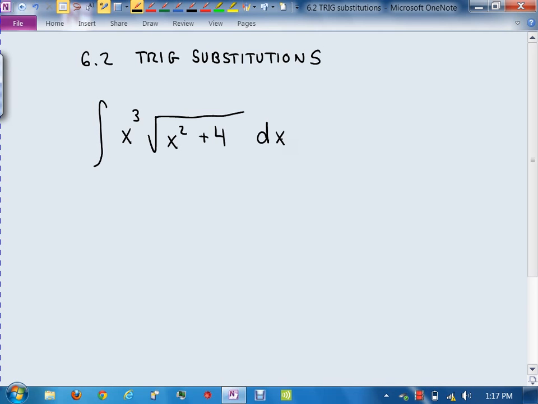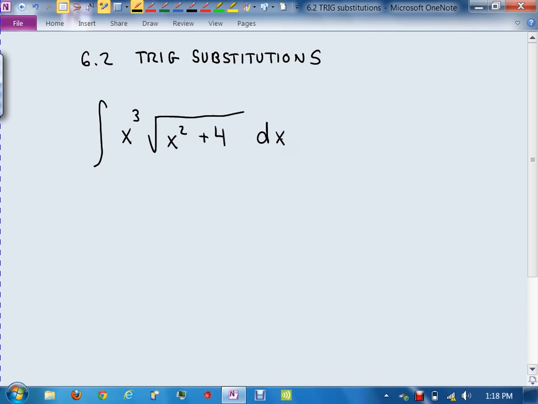Now that looks more like something we would have seen on our first test, right? Any ideas of what you might be tempted to do on something like this? Just a basic substitution, like u is x squared plus 4?